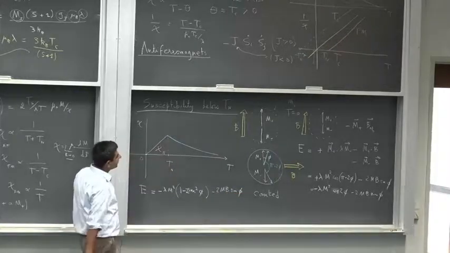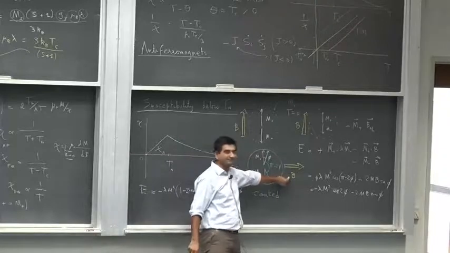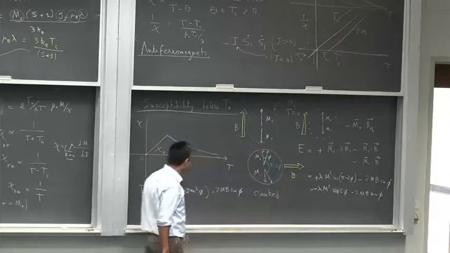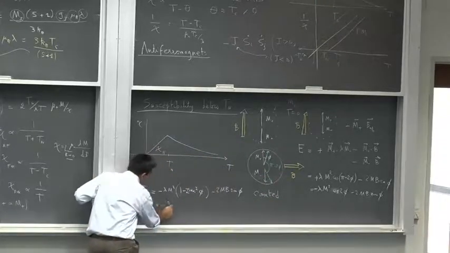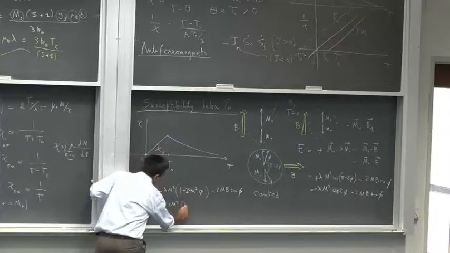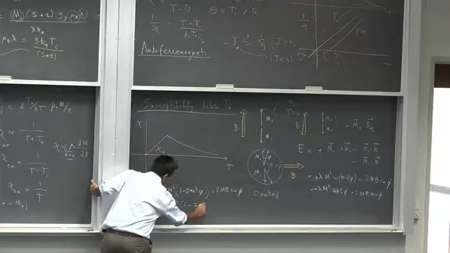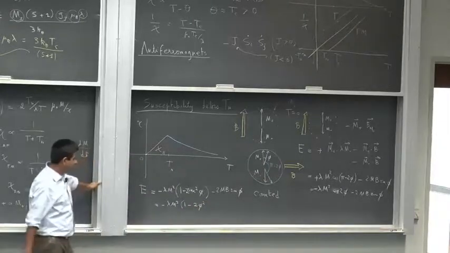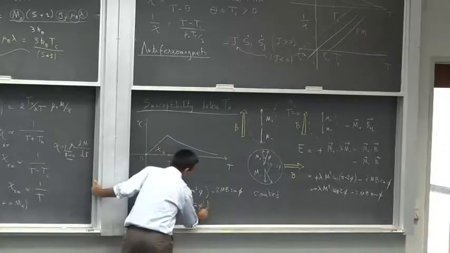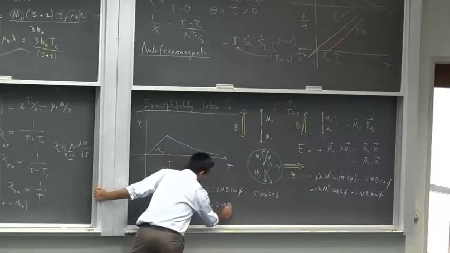Now if phi is really small, because this field is really small, hence this is minus lambda M square into 1 minus 2 phi square, minus 2 MB phi.